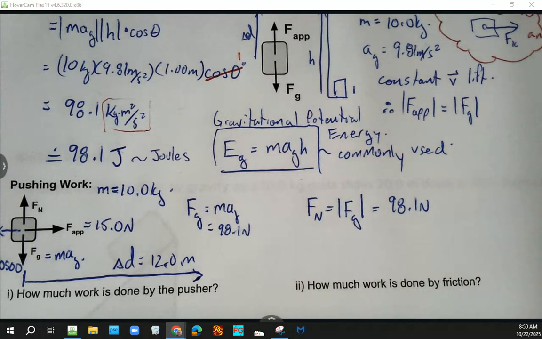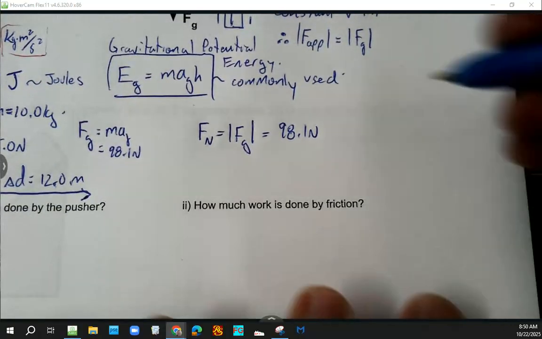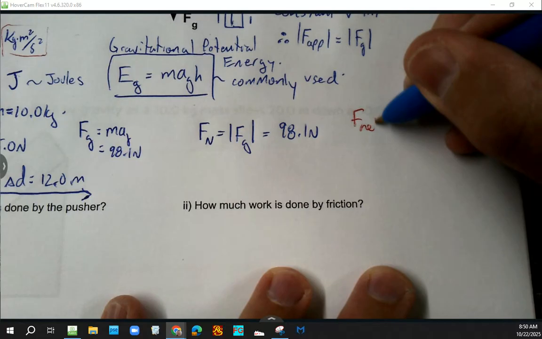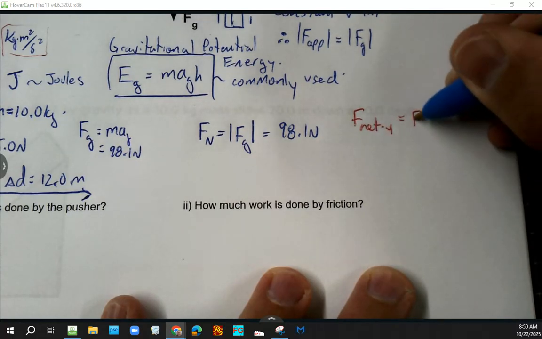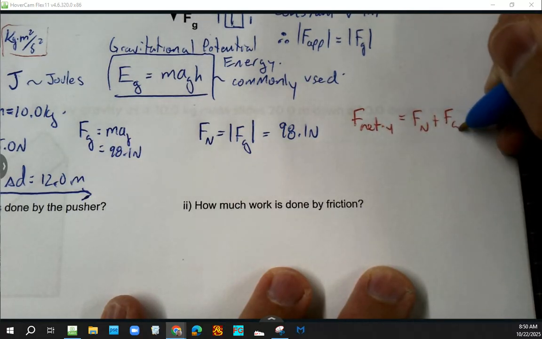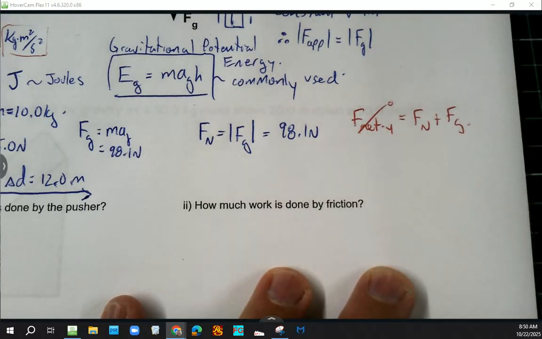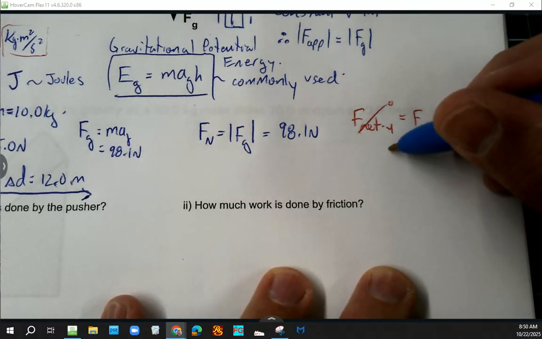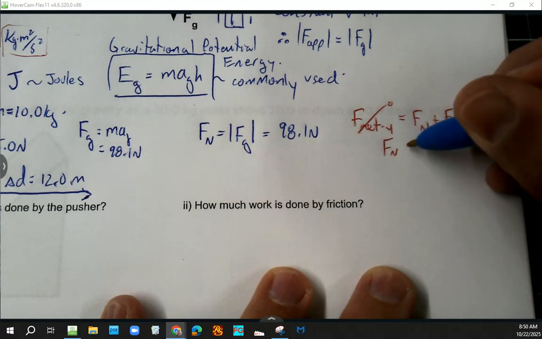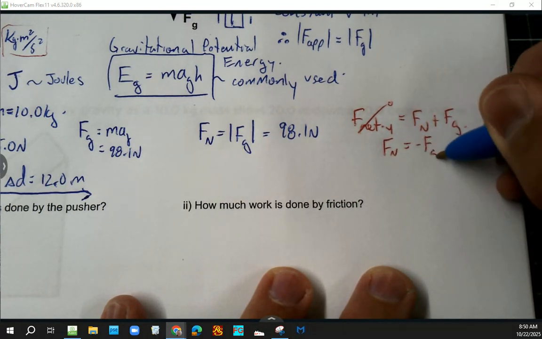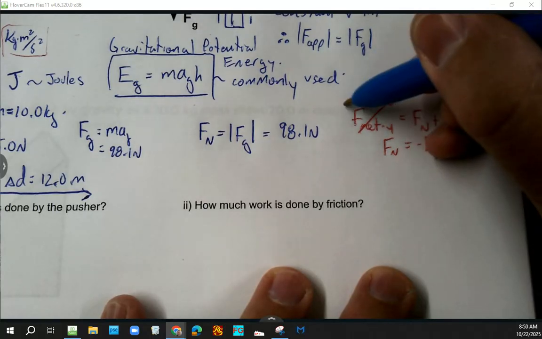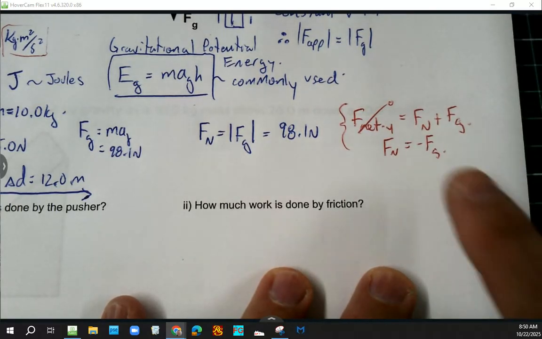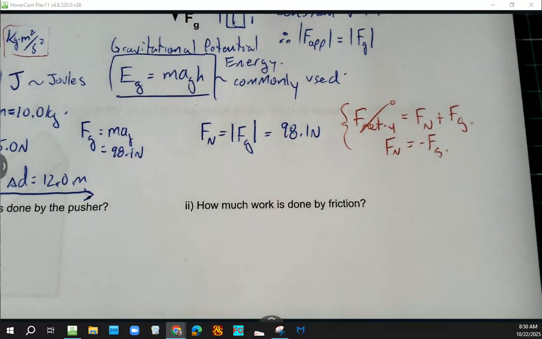Some purists would say, shouldn't we just say F net y equals F normal plus Fg, where F net y is 0 if you're sitting on a tabletop while you're sliding something, and then if I take Fg over to the other side, F normal is equal to negative Fg. Yeah, you could absolutely do that, but can we all agree that that amounts to the same idea? Okay, so I'm going to say yes. This is definitely the more thorough way of having that conversation.